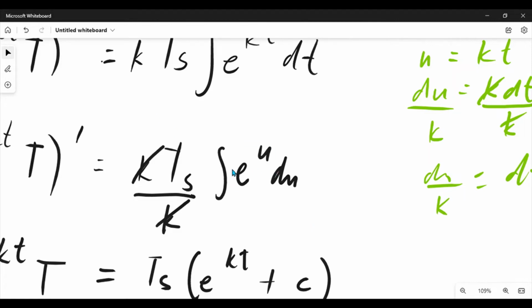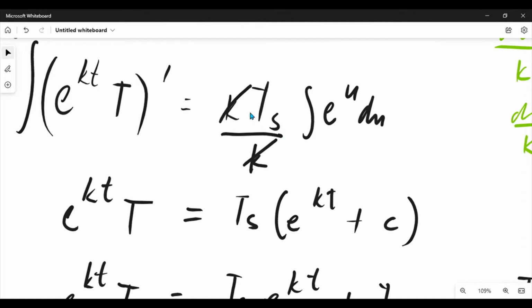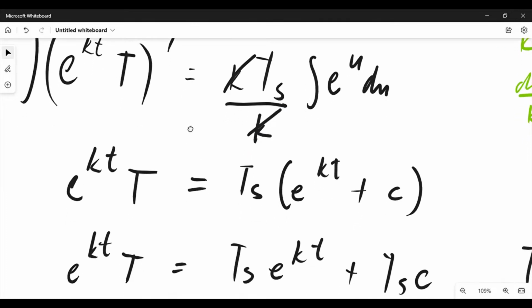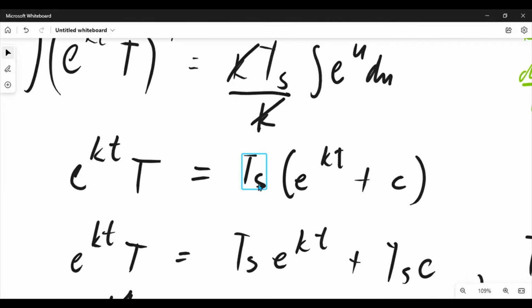So what is left here is the integral of e raised to u times du. Here, you notice that you can cancel out your k, the constant of proportionality. Therefore, what is left here is your T sub s times the integral of e raised to u.